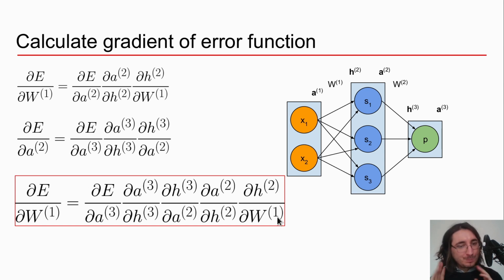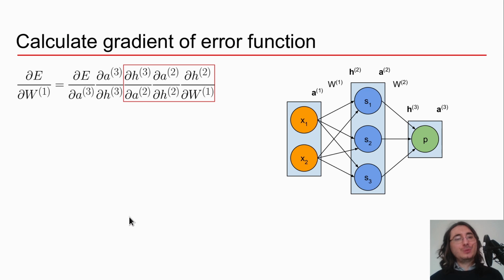Now, don't be scared. It's quite easy to calculate, and good news is that we've already calculated these first 2 elements when we calculated the derivative of E with respect to W2. So we should now focus on these 3 derivatives here.